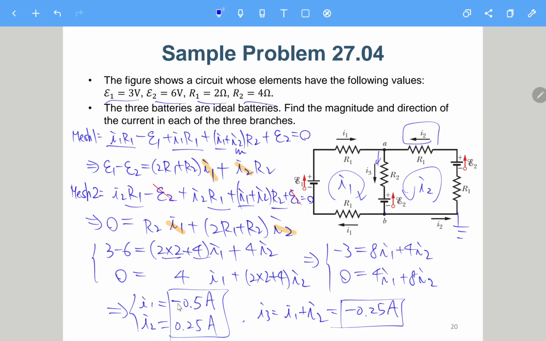I1 is negative 0.5, which means that it should be in this direction, from right to left, 0.5 A. For I2, positive 0.25, which means that it is 0.25 A. I3 is negative 0.25, which means that it is in this direction, 0.25 A. So you can see 0.25 and 0.25, finally 0.5 going in this direction.